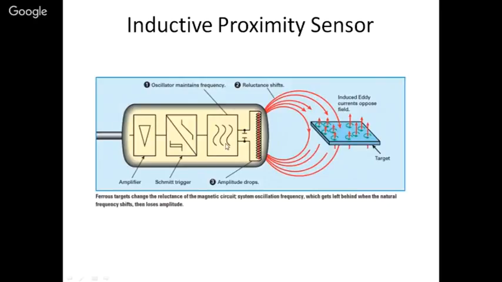When the oscillator frequency is affected, that is sensed by this Schmitt trigger. It's basically a small part which will give you some value when the oscillating frequency goes down to a certain value. That output is then amplified by an amplifier and given to the ECU.